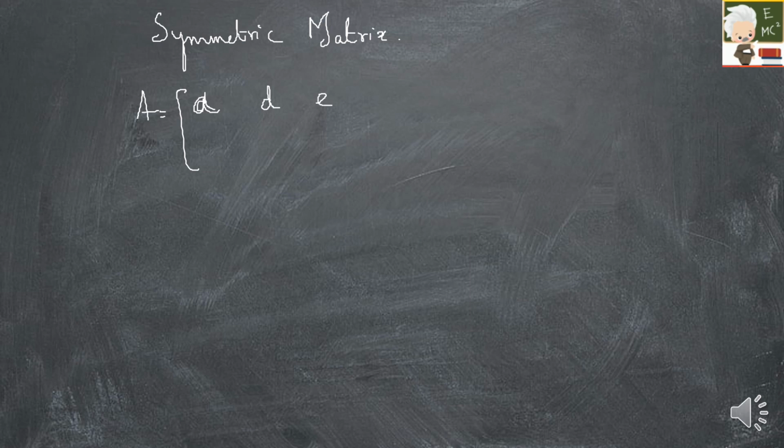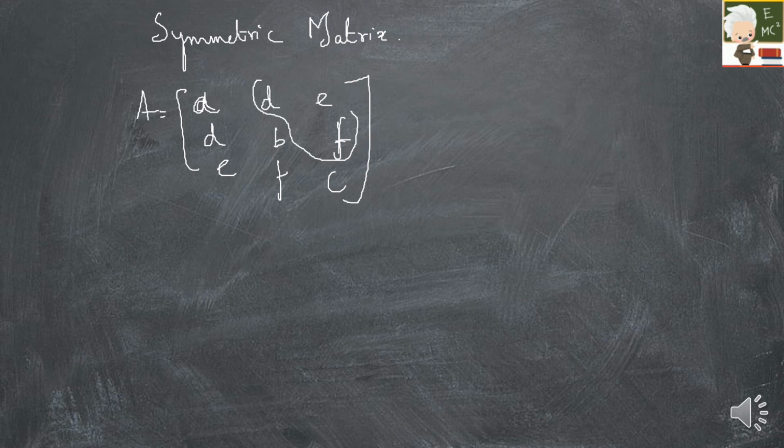Next is the symmetric matrix. So what do you mean by a symmetric matrix? Let me take A is equal to A, D, E, and then D, B, F, E, F, C. So this is how a symmetric matrix looks.